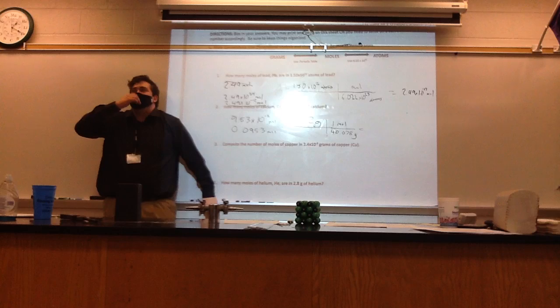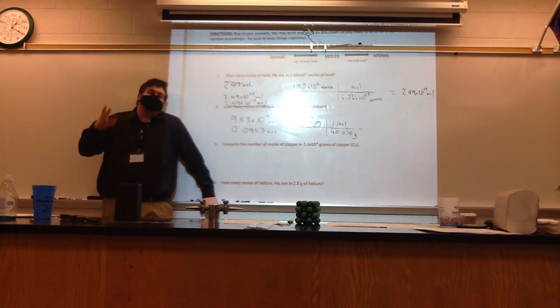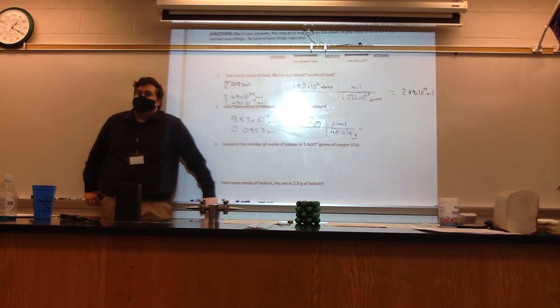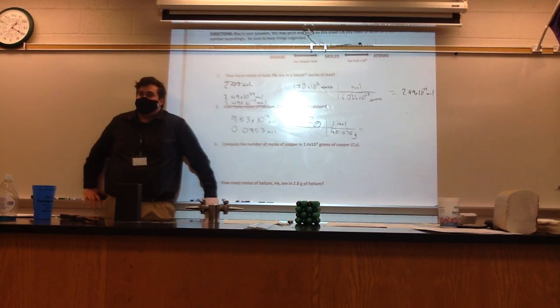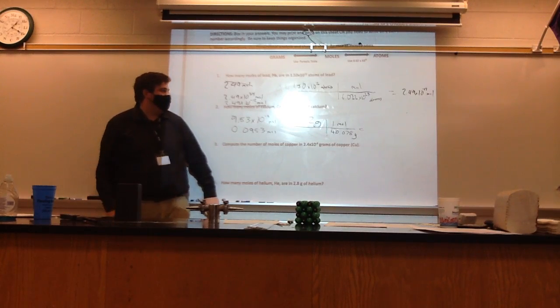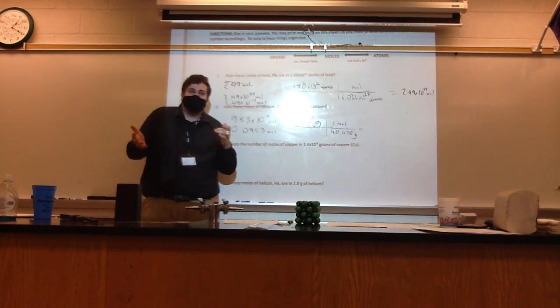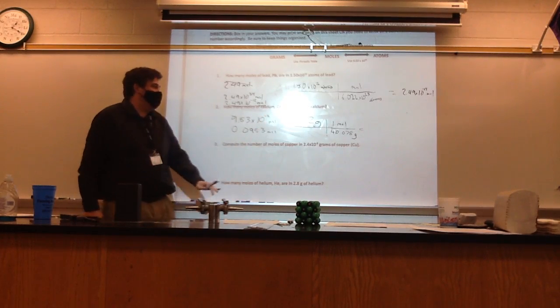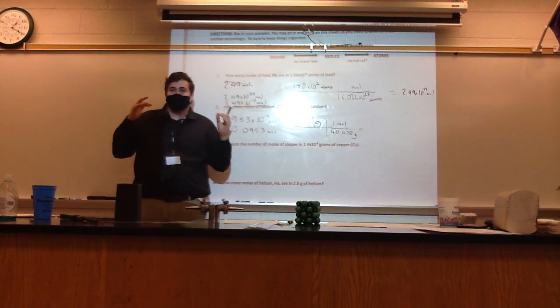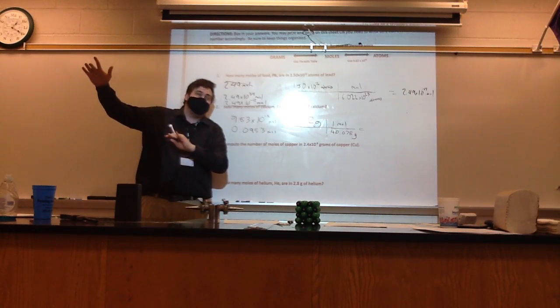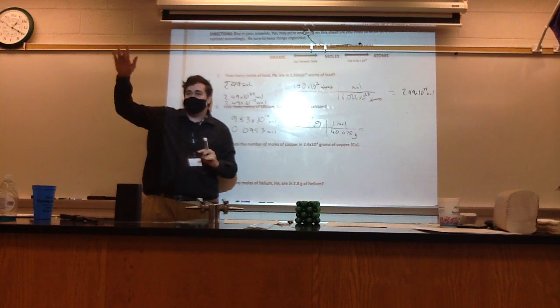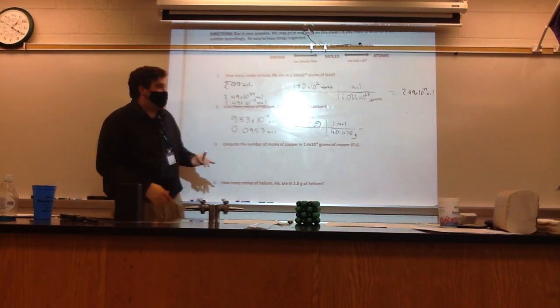The periodic table has the average atomic mass on it, and that's what we use, because if we're talking about just calcium, they didn't give us an isotope and the atomic mass of that isotope. When we're talking about calcium, we're talking about the average calcium. So we use the atomic mass on the periodic table, and that gets us grams per mole.